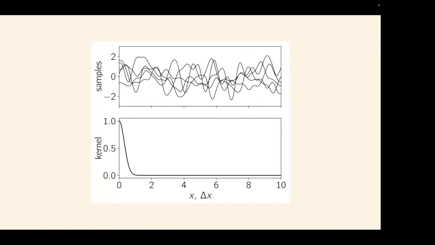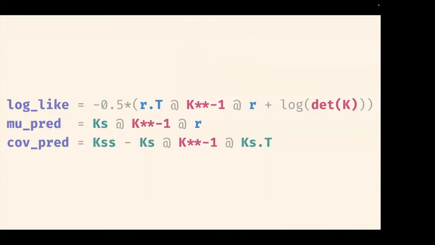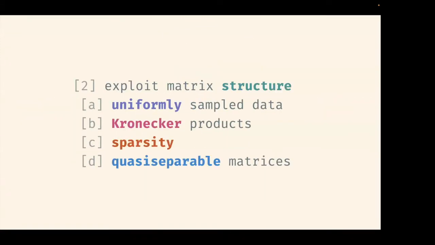If your L is short compared to the baseline of your data, that means that most of the entries in your matrix are 0, and so you might be able to exploit sparse linear algebra schemes. I haven't had very much success with that in the problems that I work on, but I think it's an interesting thing to think about. There are libraries that exist for sparse linear algebra that you might be able to benefit from for solving this.